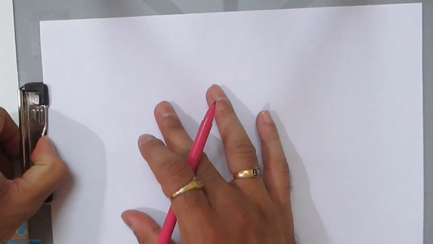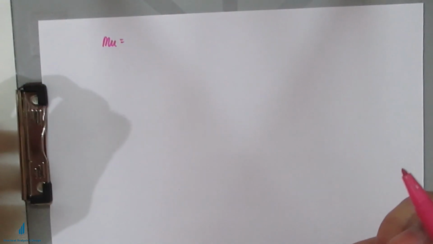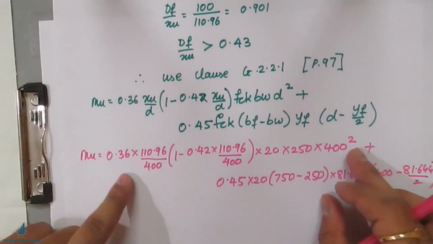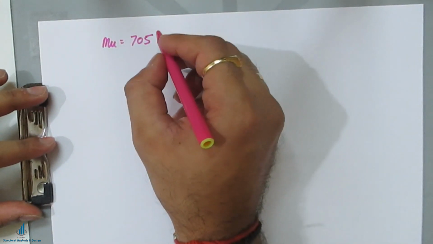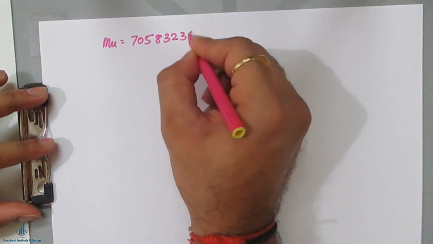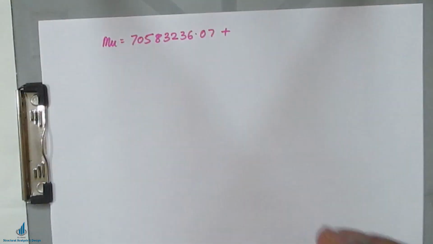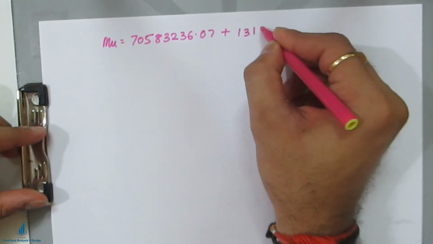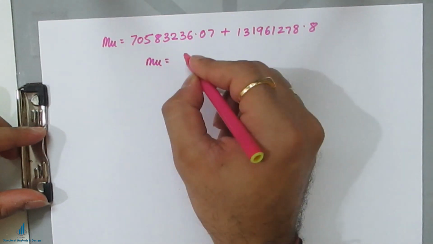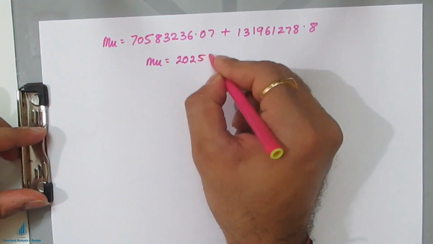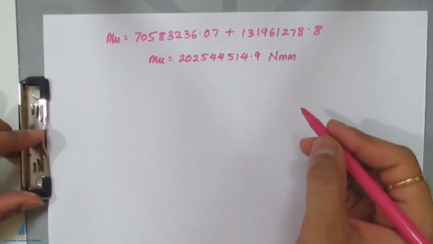The first term, that is 0.36 XU by d, 1 minus 0.42 XU by d, when you simplify you will be getting 70,583,236.07, plus the second term, whatever is this 0.45, 20, the second term, you will be getting 131,961,278.8, and when you add these things you will be getting 202,544,514.9 in Newton millimeter, because all the things we have replaced in newtons and in millimeters.